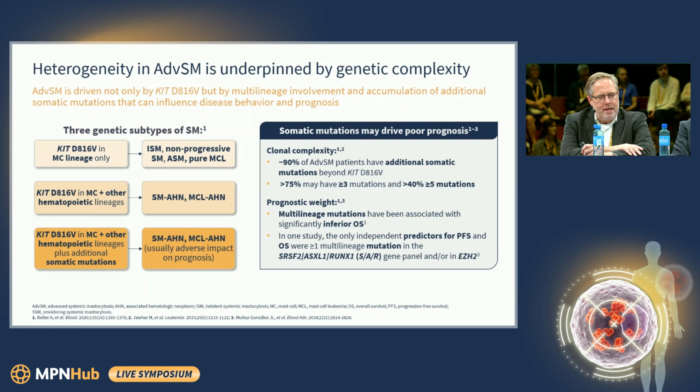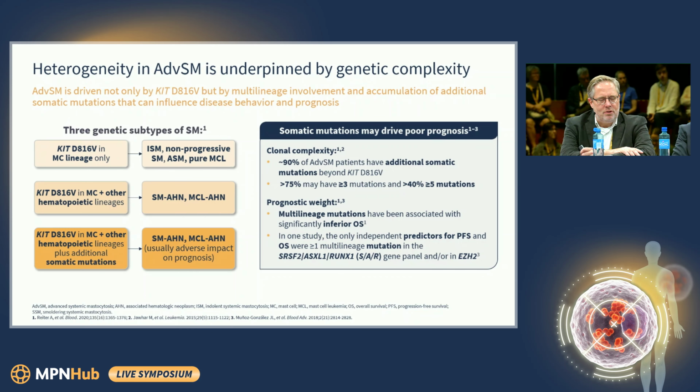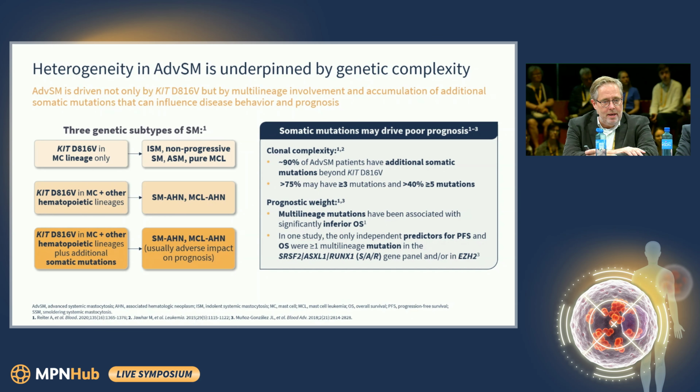But whenever the KIT mutation is also in other lineages, this gives rise, for example, to monocytosis, leukocytosis, and when the disease progresses, even myeloid blasts. And that was seen by pathologists 40 years ago when they saw these biopsies. They saw mast cells on one side and CMML on the other side.